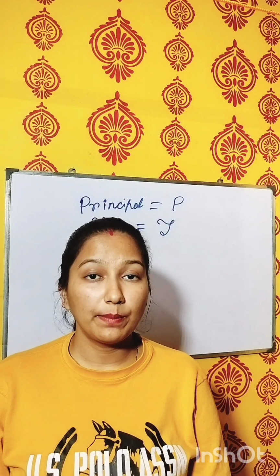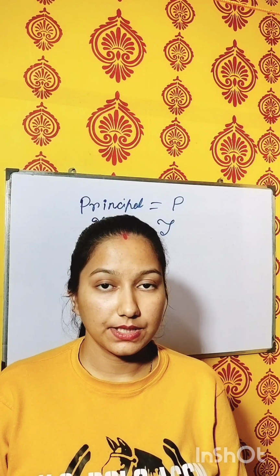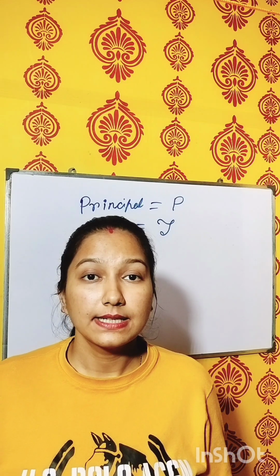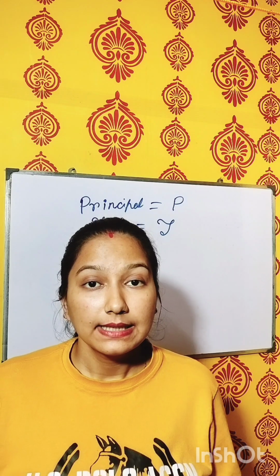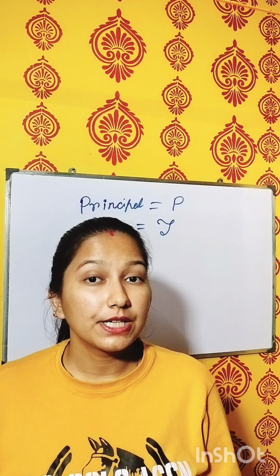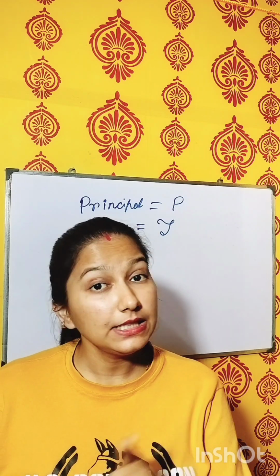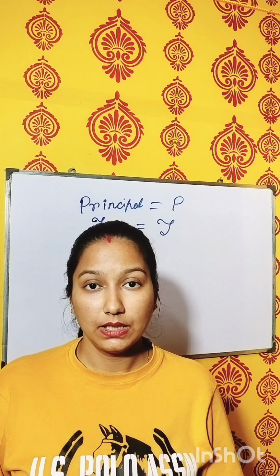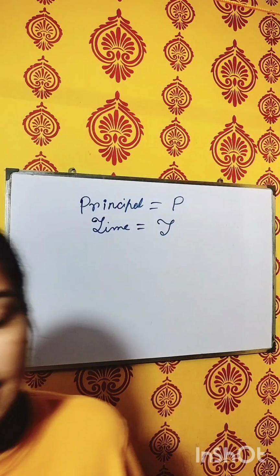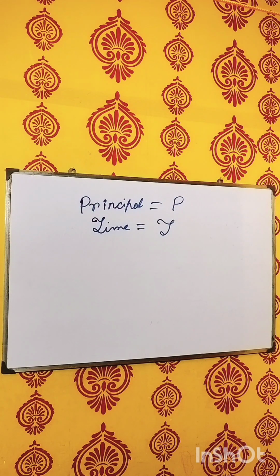Now we have to know about the term rate of interest. A rate of interest is a percentage of the principal amount that a lender charges to a borrower each year. For example, if we take out a loan with a 5% interest rate, you will be charged 5% of the loan amount as interest each year.